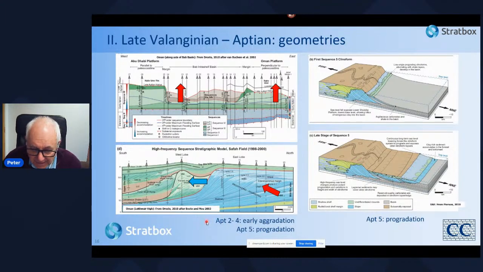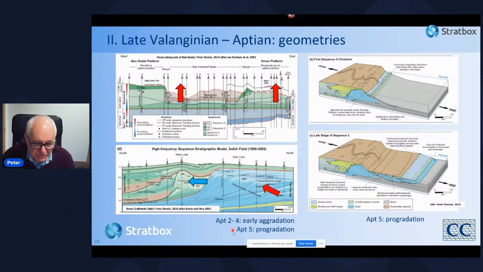The Aptian sequences 2 to 4 show evidence of early aggradation. So at the same time as they're building out into the Bab Basin, they're also stacking up vertically.